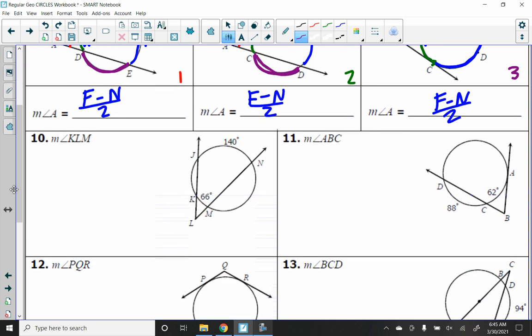Okay, so let's start off pretty simple. We have a near of 66 and a far of 140. Far minus near divided by 2 will get you that angle KLM that it's wanting.